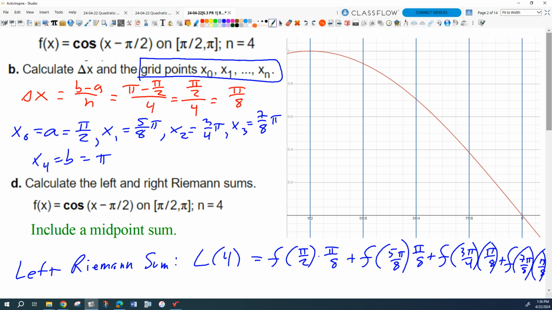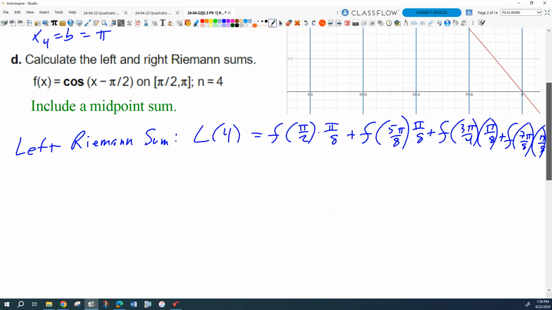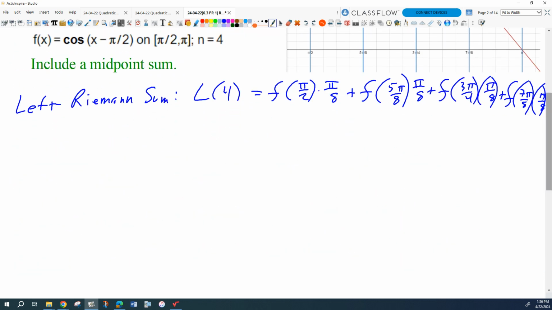So if I plug that stuff in, let's remind ourselves what f of x is. Cosine of x minus pi halves. If we add that stuff up, that's going to give me cosine of what?